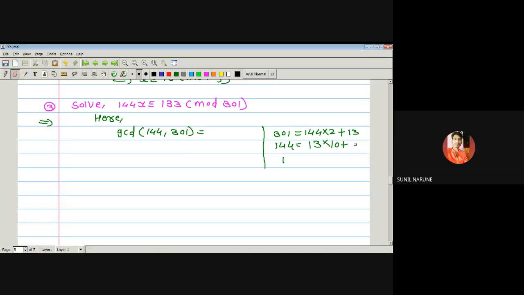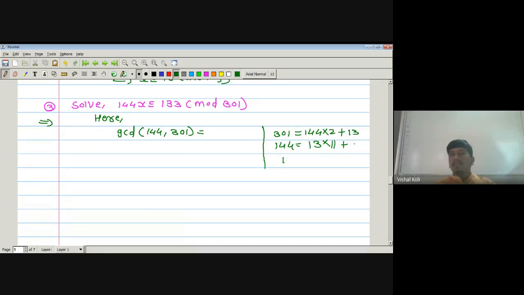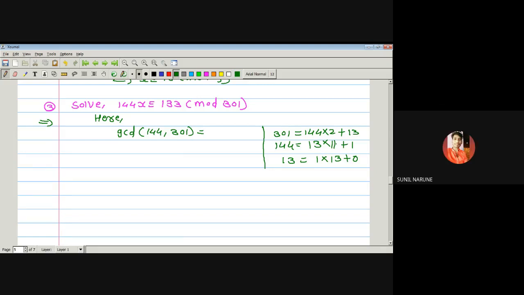Then 13 equals 1 into 13 plus 0. Then what will be its GCD? It is 1.